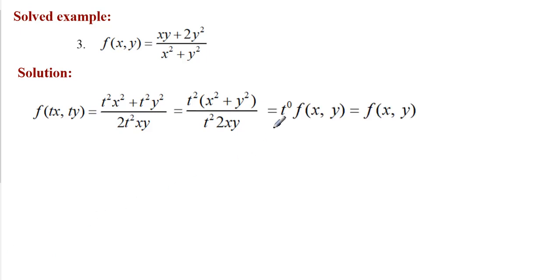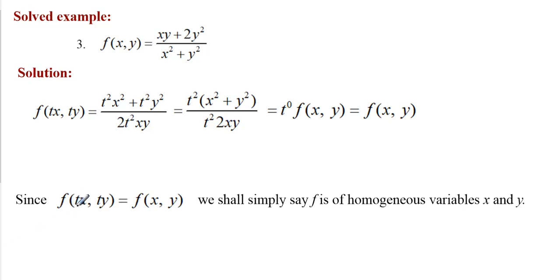Simplifying that takes us to t to the power 0 multiplied by f of x, y, which is just as good as f of x, y. So f of tx, ty is equal to f of x, y. In this case, the function is of homogeneous variables of order 0, but here we just simply call it f is of homogeneous variables x and y.